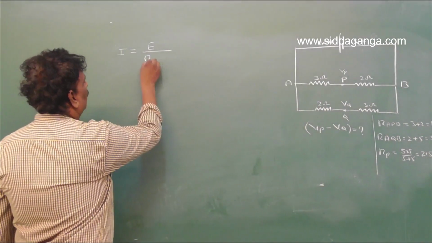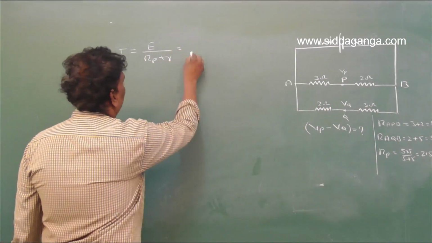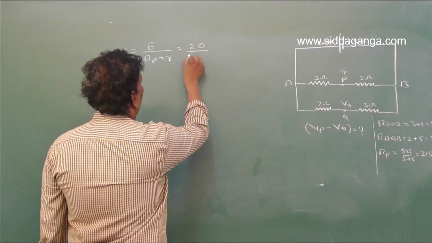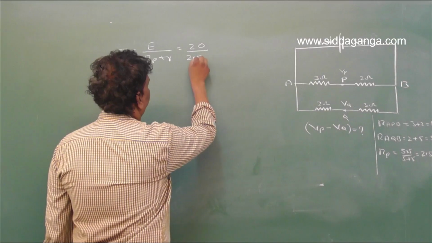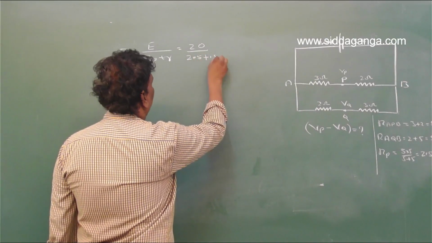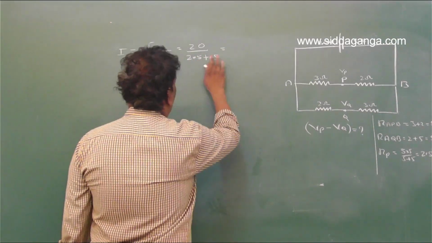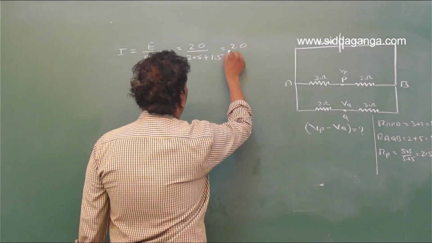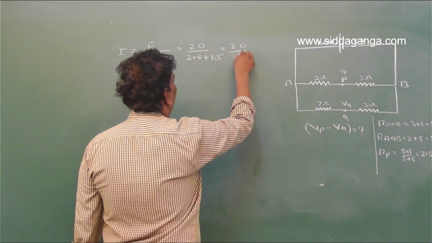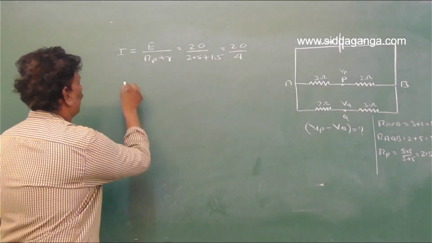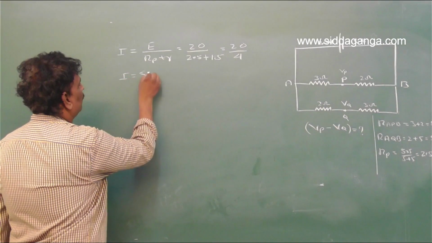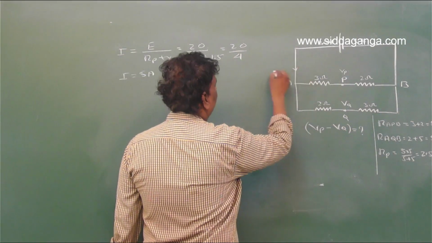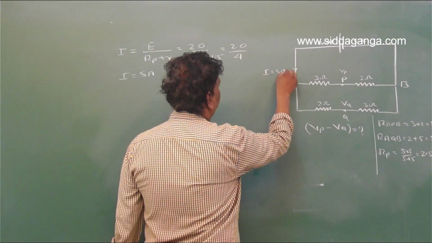The current in the circuit I is equal to E by Rp plus r, that is equal to 20 by 2.5 plus 1.5, that is 20 by 4, so the current in the circuit I is equal to 5 ampere.